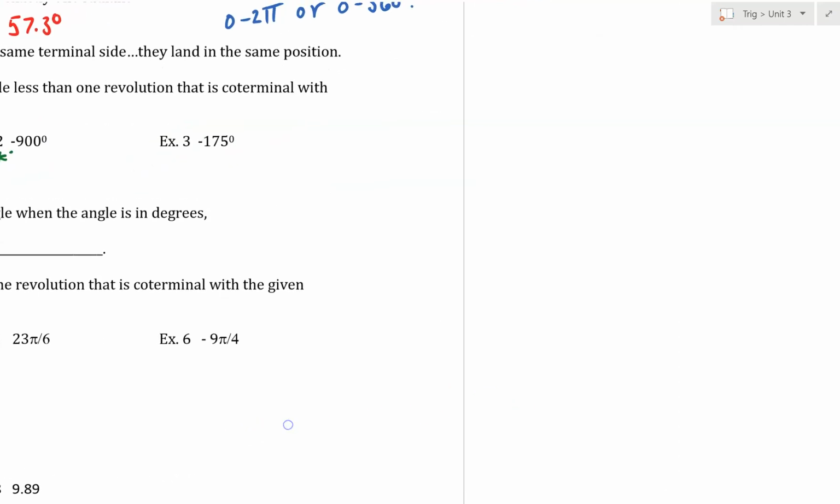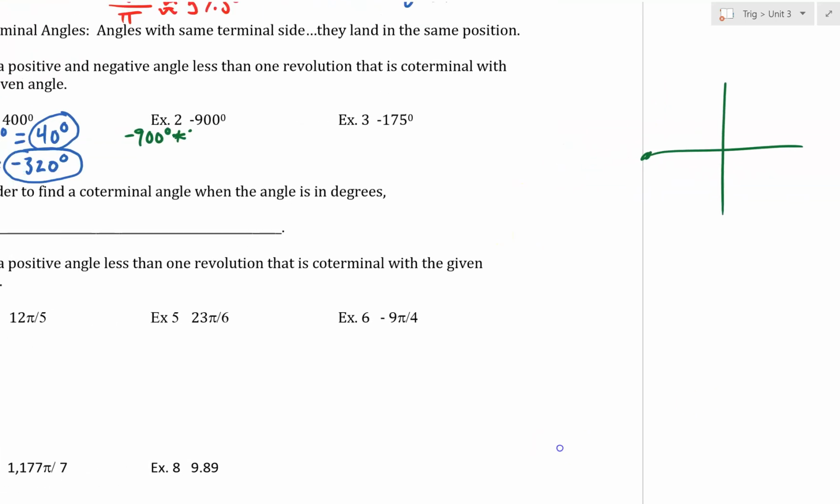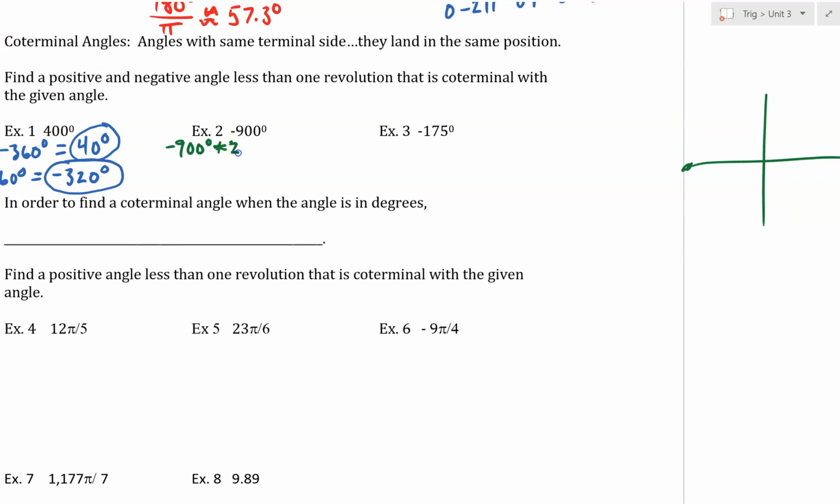So if we think about this in terms of a picture, negative 900 degrees means 1 revolution is 360, 2 revolutions is 720, and then I'd still have 180 degrees to go. So it would be putting me here. I would need to go backward 2 circles. So 2 times 360 degrees here.